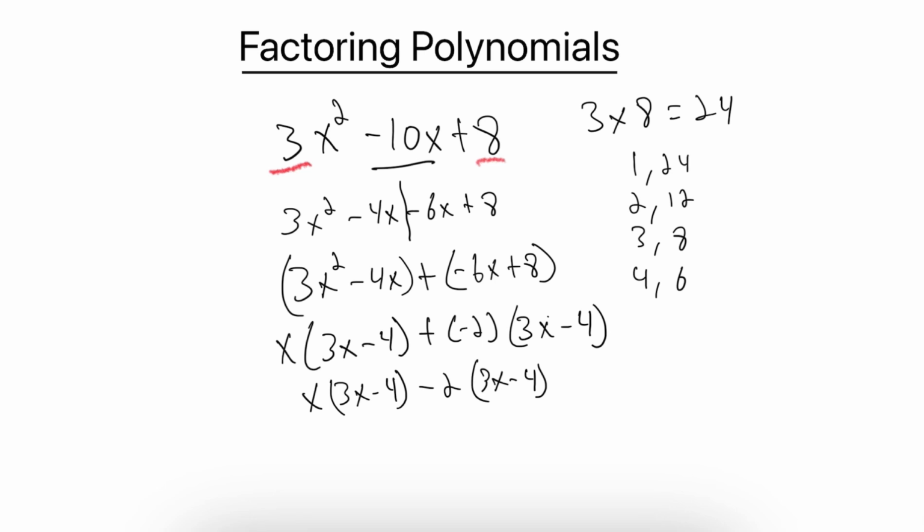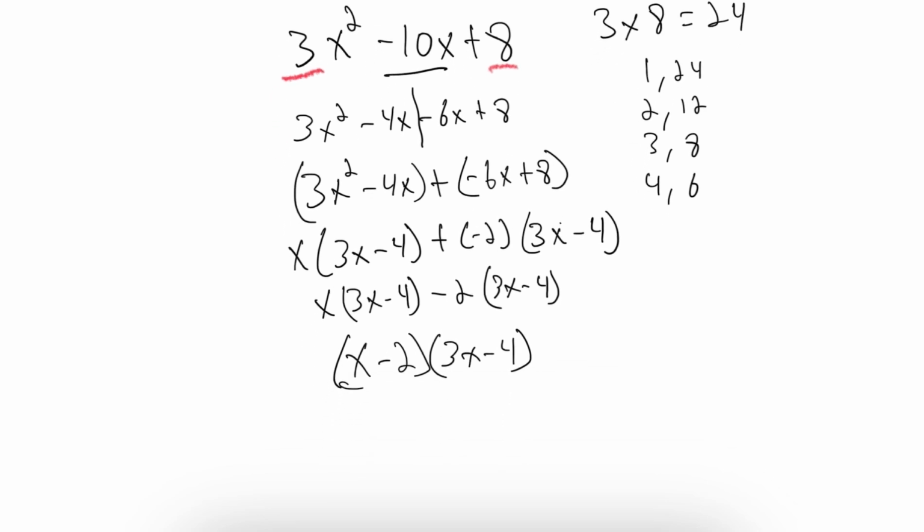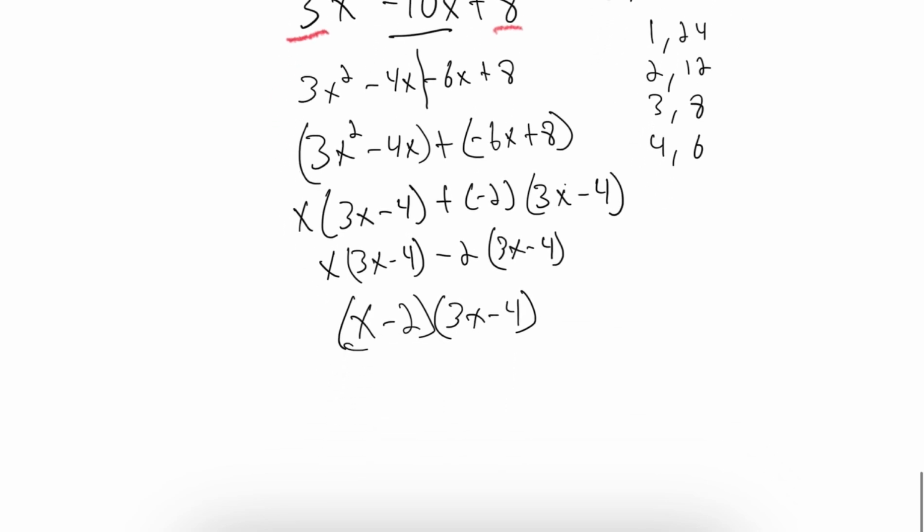So now we'll kind of ungroup. We're going to take the stuff outside, x minus 2, and the stuff that's inside, 3x minus 4. And we'll FOIL these to check our work.